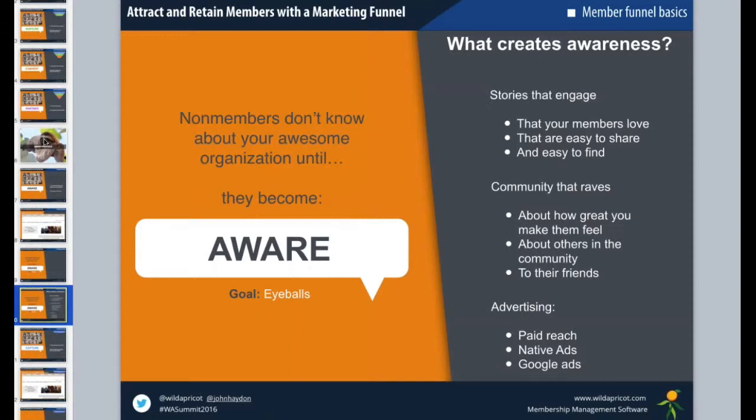Stories that engage means your members love these stories, they share them very easily, and they're easy to find, meaning people can search for you on Google and find your really useful information. Community that raves means you have taken really good care of your members, with good community management and good customer service, and then naturally they feel great about you. They want to tell their friends about your organization, so they create awareness in that way.